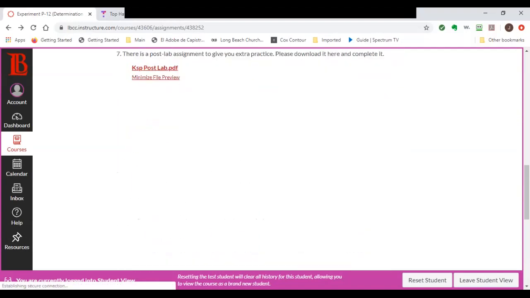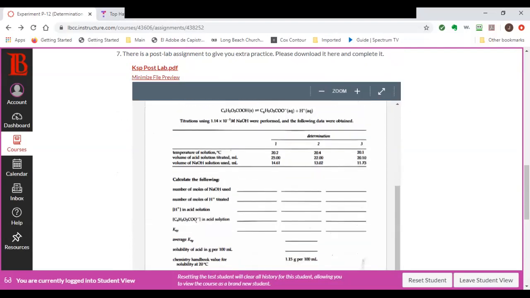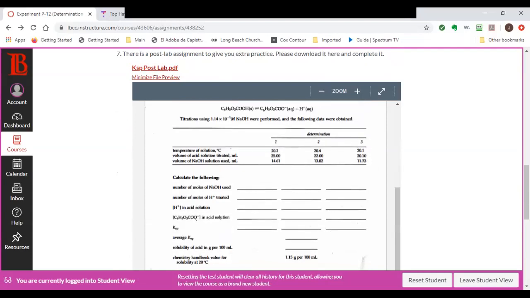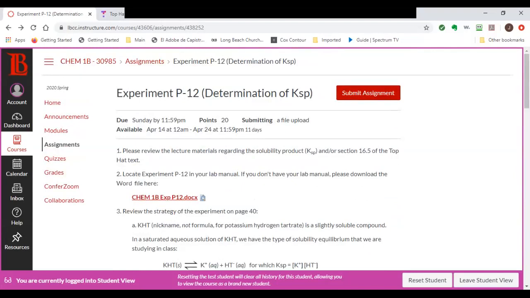The post lab is another exercise parallel to what you did, just with a different compound. They give you the volumes from the titration, and then you do the same calculations you did for this experiment. I just want you to get some extra practice. All of that is due by Sunday at midnight, and you'll be submitting everything via file upload.